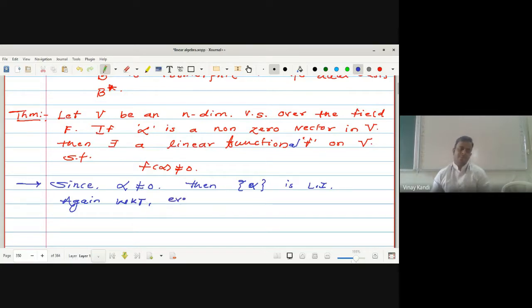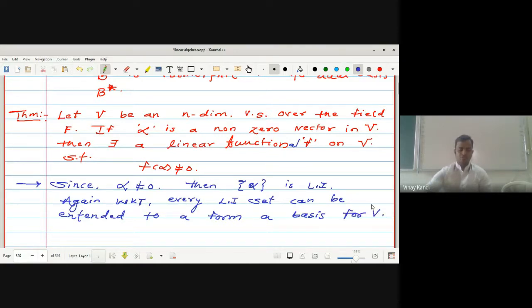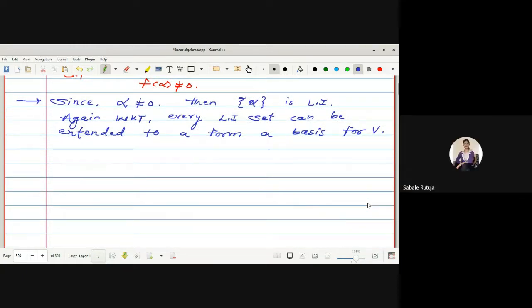So again we know that every linearly independent set can be extended to form a basis for capital V. Any doubt? No, sir.